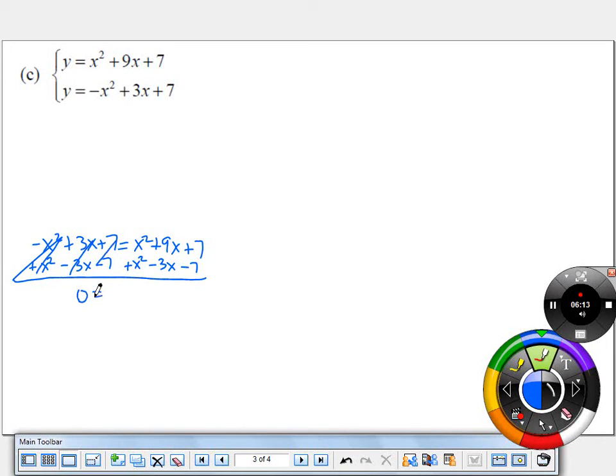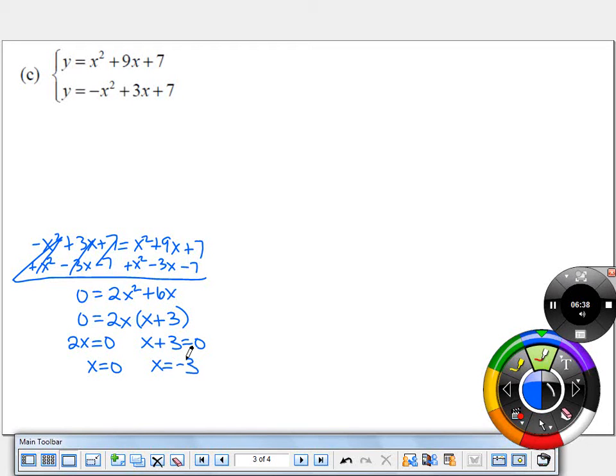I'm going to have 0 equals 2x squared plus 6x. I'm going to solve this one by factoring again because it factors to 2x times x plus 3. And if I set each of those factors equal to 0, I get that x could equal 0 or x could equal negative 3.